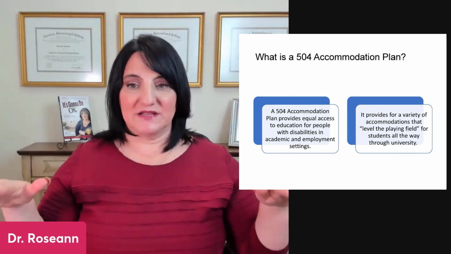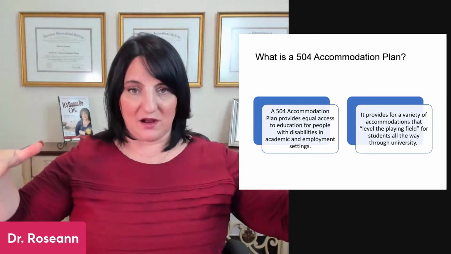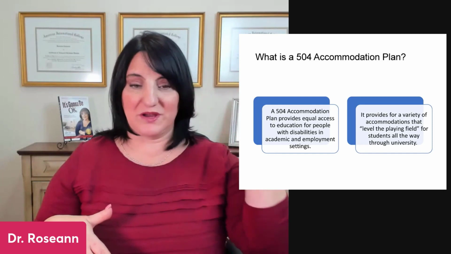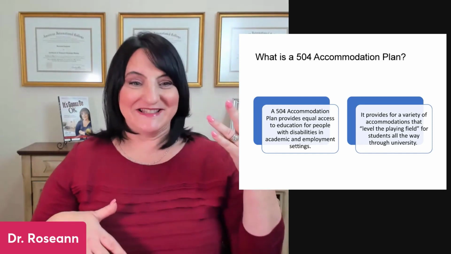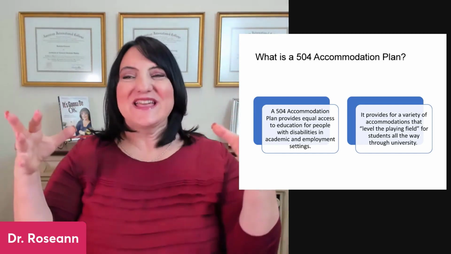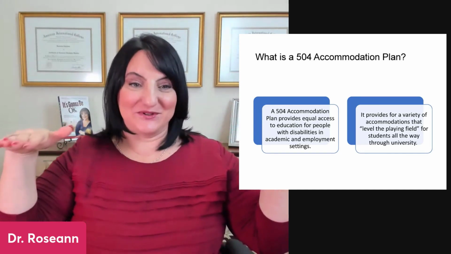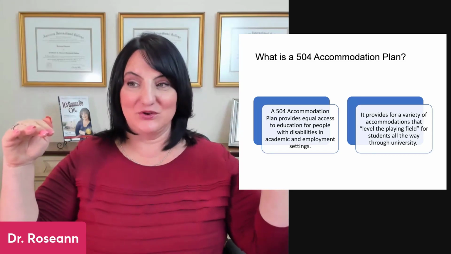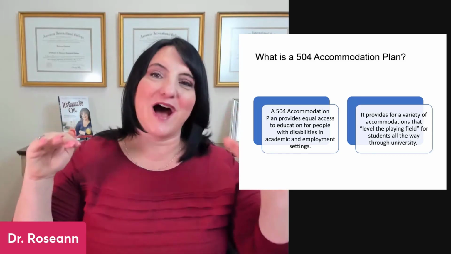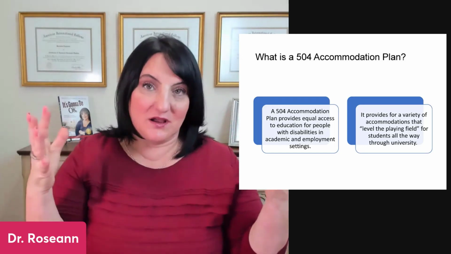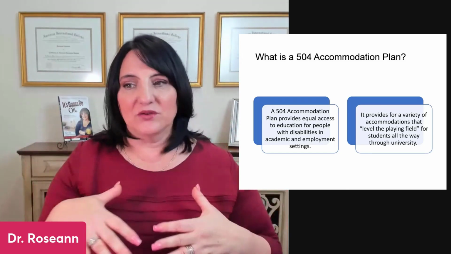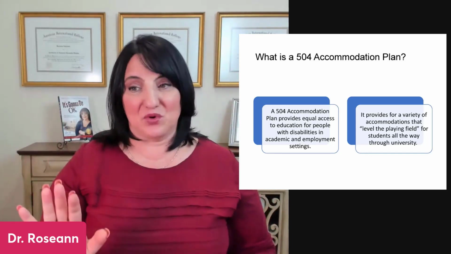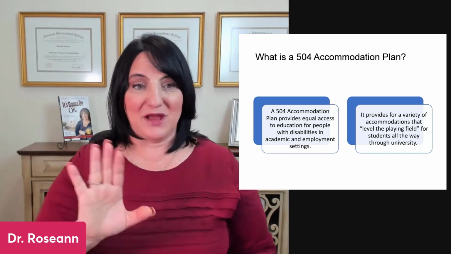Now, the federal law says you must provide accommodations, but some states, for example, Massachusetts, where I was trained 1 million years ago in the early 90s, actually give the same services most of the time to a 504 student as they do a student on an IEP. Can you imagine? That's why they're always rated as one of the top states to educate your child. So they will give services as well as accommodations, but that's pretty abnormal. There may be some other states that do that, but I'm not aware.